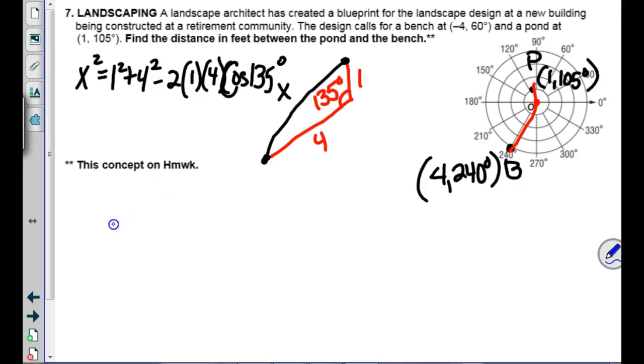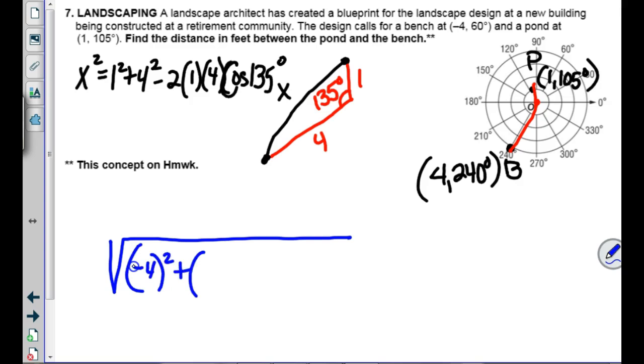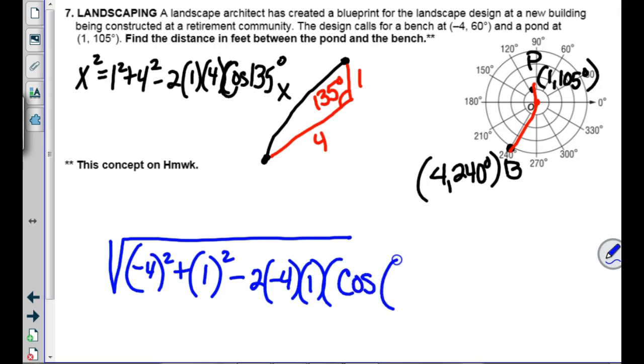On the sheet, it says the distance between polar points is the square root of, and then what does it say? R squared, which was negative 4, plus the other r squared, which is 1, minus 2 times the r's, which are negative 4 and 1, times the cosine of the angle in between them, which was 60 minus 105, or 105 minus 60.